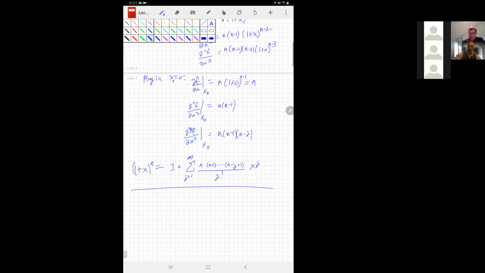Because I want to sum over different integer powers of x. Look, I could rewrite this. So instead of saying (1 plus x) to the n, why don't I say (1 plus x) to the alpha? And then rewrite that as 1 plus the sum from n equals 1 to infinity of alpha times alpha minus 1 dot dot dot alpha minus n plus 1 over n factorial, x to the n.